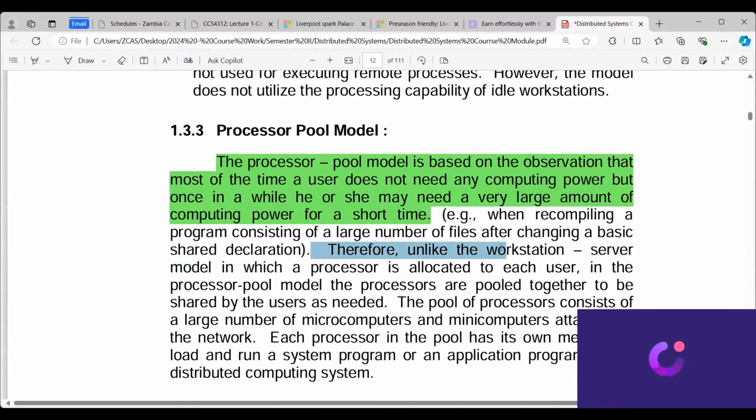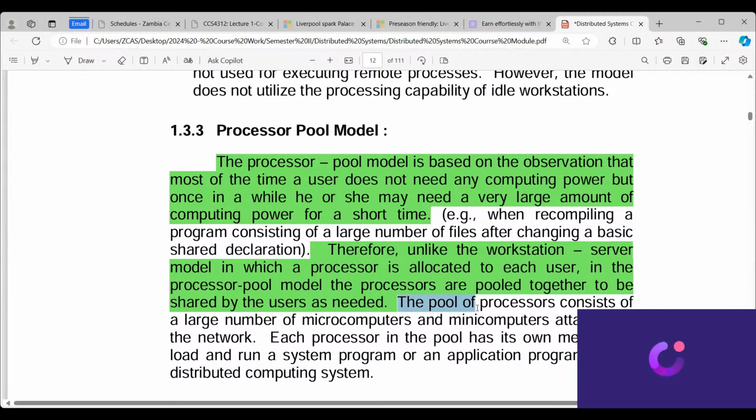So unlike the workstation server model in which a processor is allocated to each user, in the processor pool model the processors are put together to be shared by the users as needed. Only when the processors are needed are they shared and used for the much needed high processing capabilities.